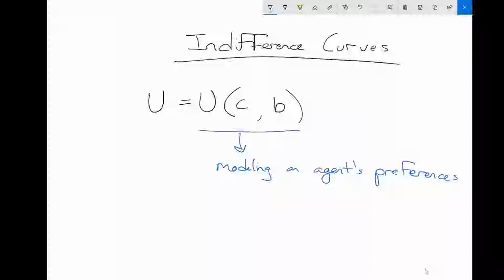But let's hold off on that for now. This function describes how much utility they derive from the number of cups of coffee that they drink and the number of bagels that they eat. So here is our utility function. It's a function of two different things, coffee and bagels.